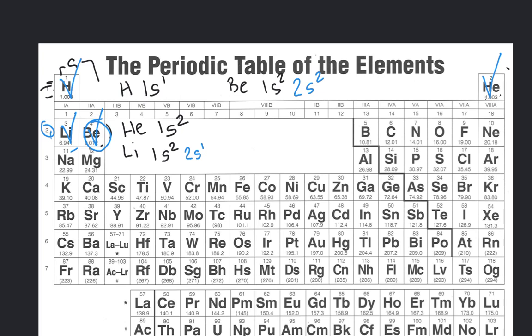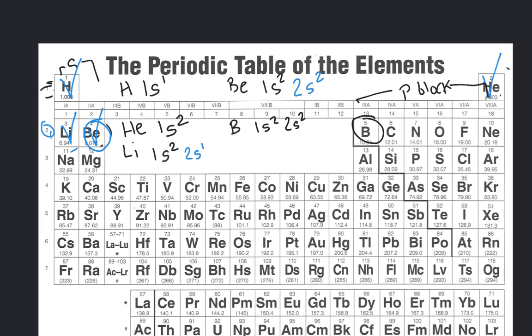Then if we're going to go to boron, boron is just going to be 1 more electron than beryllium. So it's 1s2, 2s2. But now look at boron. What block is this? This is the p block. This whole area is the p block. So how many elements in the p block are we?